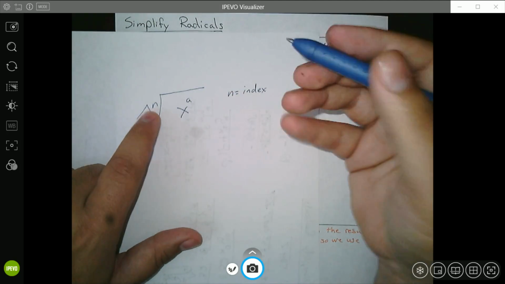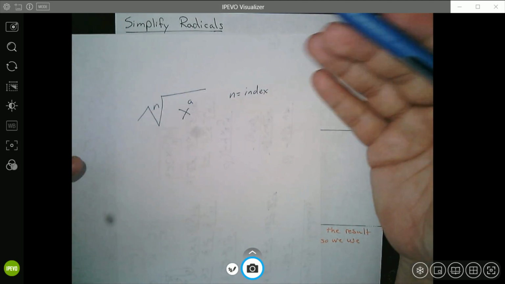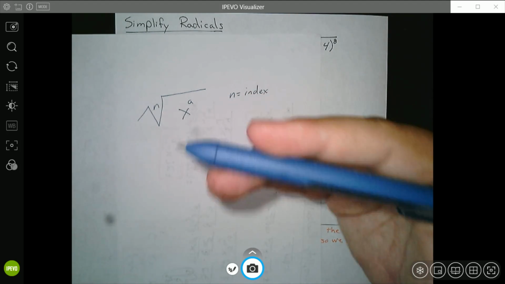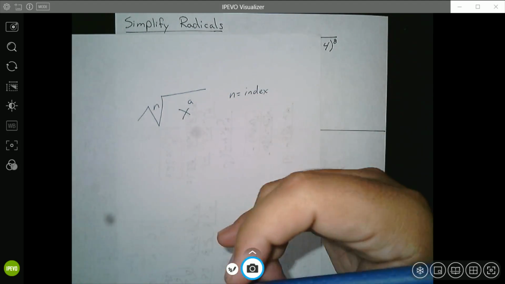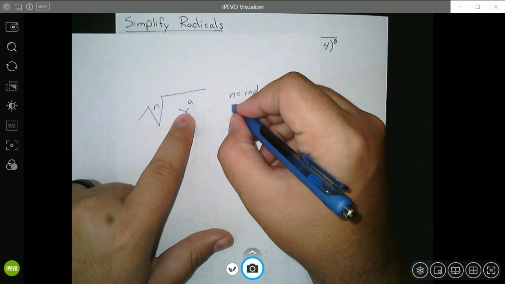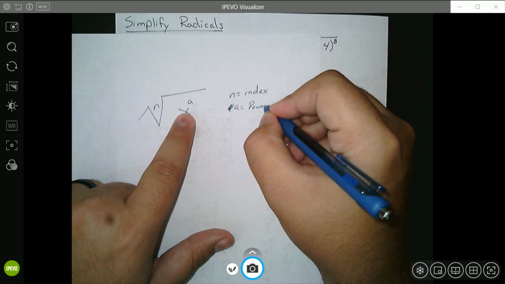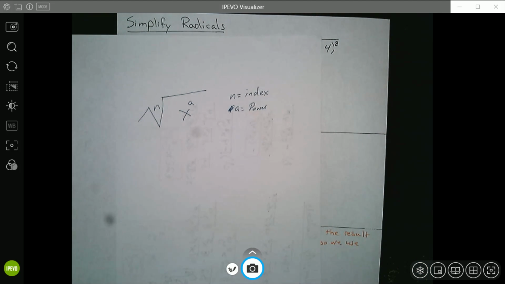That's the root essentially, what we're looking for: a third root, fourth root, fifth root, sixth root, square root, depending on what that n is. a is going to be our power. That plays into what the index is. We want those two to match up because that's how you end up canceling out that radical.